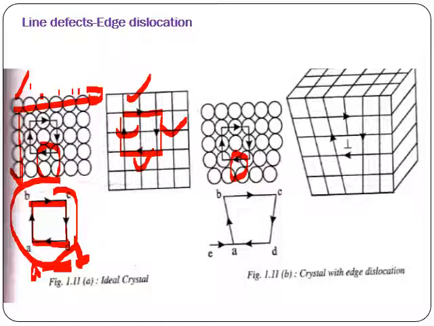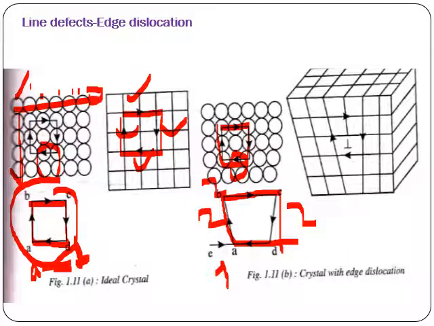If I draw a square here, this is 2, this is also 2, but this is not 2, because one plane of atoms is missing. Here we'll get a 2, here a 2, here a 2, but here we'll get a 1, which means it is not equal.